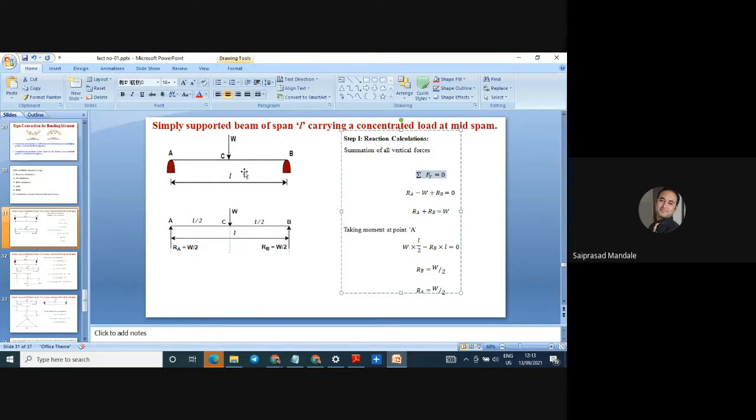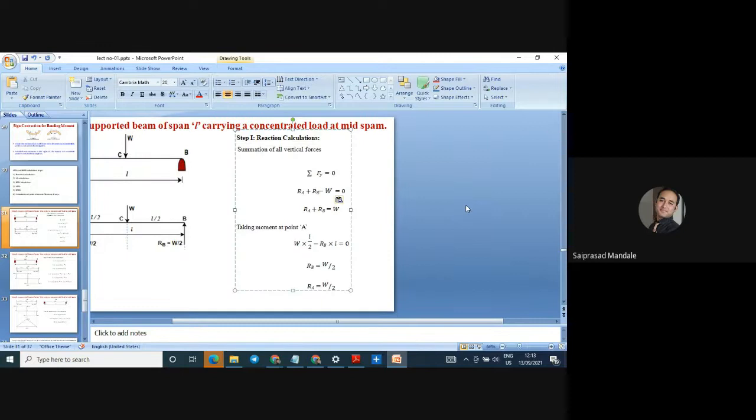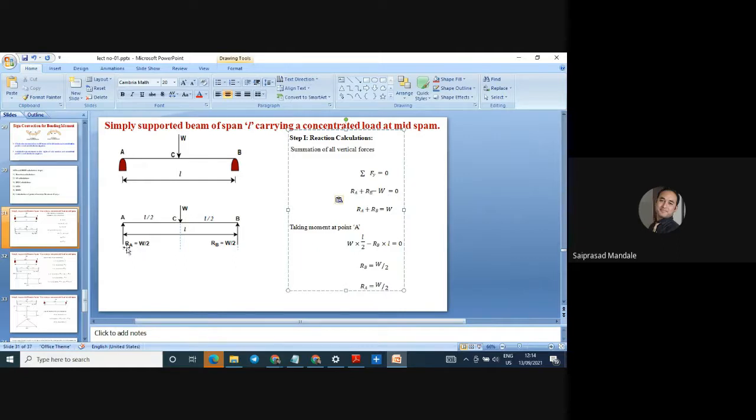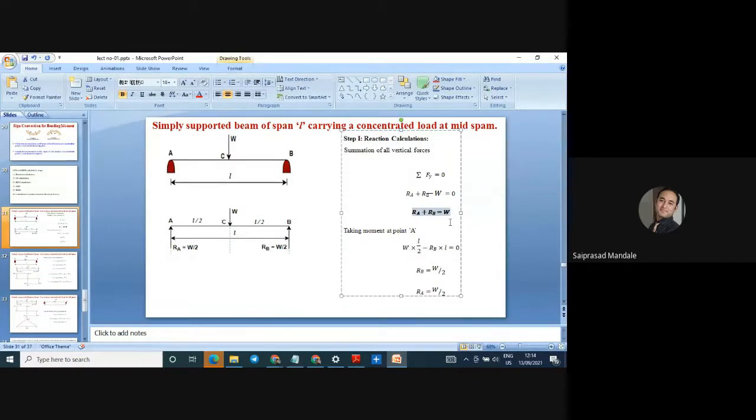W is going downward, so minus W. RA plus RB minus W equals 0. That is nothing but RA plus RB equals W. From the first equilibrium condition, we come to know RA plus RB equals W. This is a reaction calculation; we have applied summation of Fy.